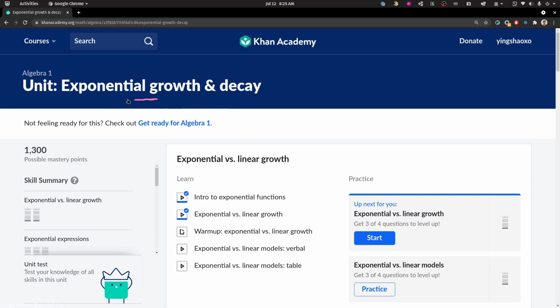For example, if you want to have an exponential growth, you would have x to the power of a number which is greater than 1. But if you want to have an exponential decay, you would have x to the power of a number that is less than 1. So do you get the idea of it?